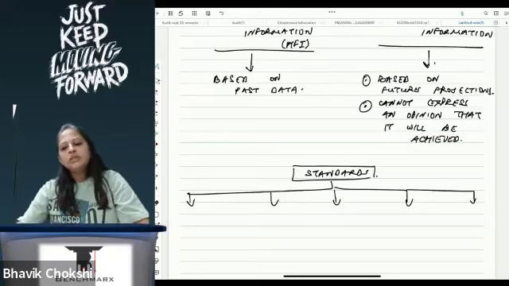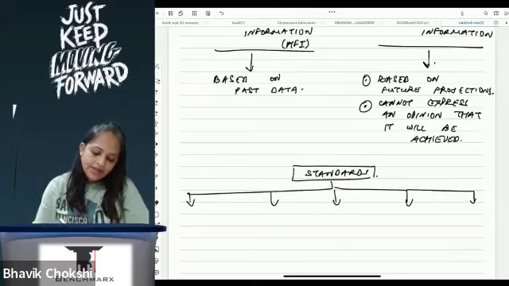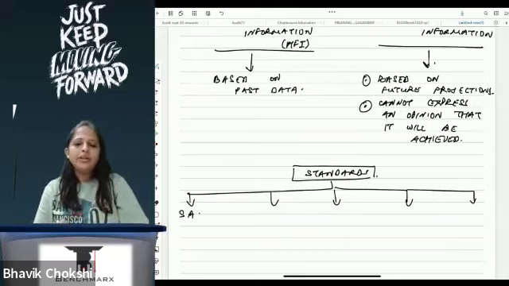Here, first point we'll write down standards of auditing.